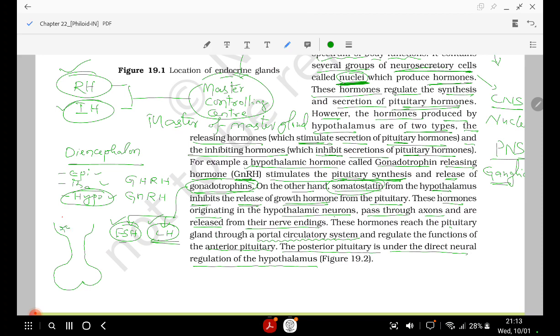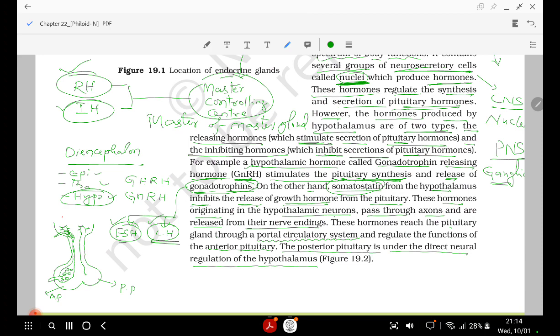See, neurons secrete hormones into a portal circulation, and through this portal circulation, hormones are released into the anterior pituitary, but posterior pituitary is directly regulated by neurosecretory cells.